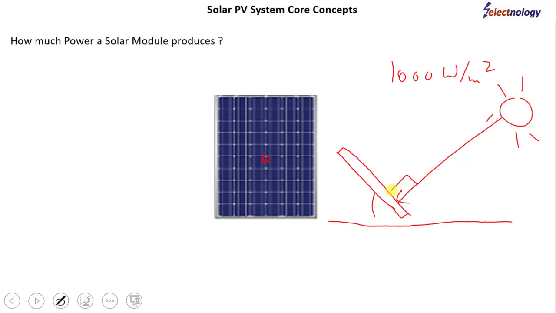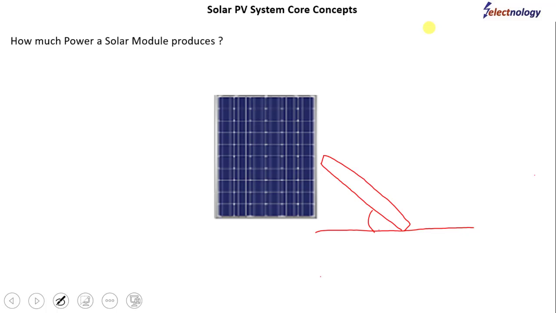But assume that the sun energy is not perpendicular to the PV module. Suppose the sun is at this point. Now this angle is not 90 degrees. So only part of the sun energy shall be considered, and it is through trigonometric calculations that we find out how much sun energy can be considered for calculation purposes. Basically, the sun component which is at 90 degrees, this component, shall be considered as the sun energy.